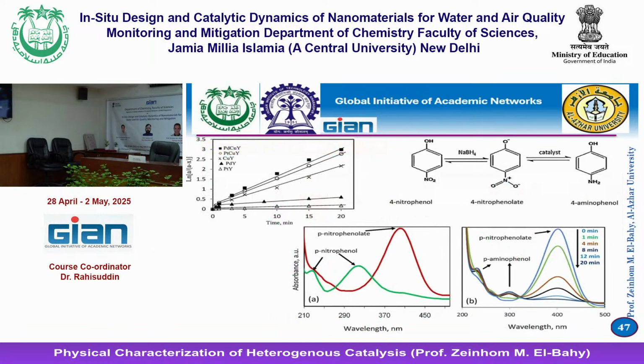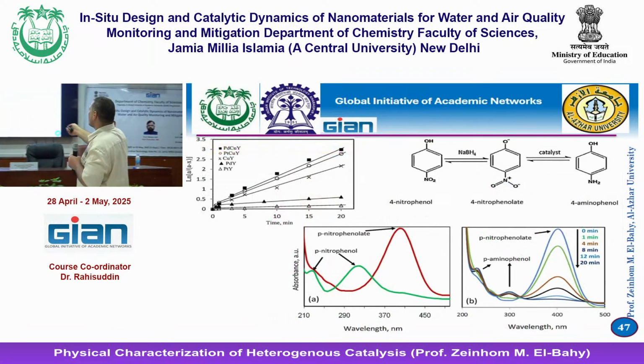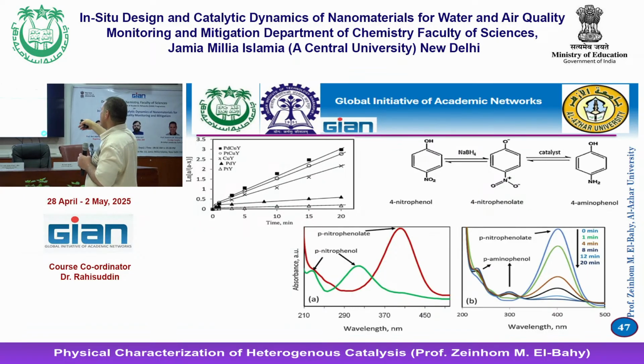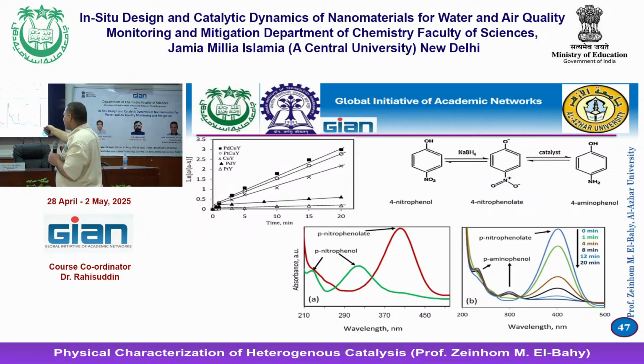This is one very famous experiment, where para-nitrophenol is converted to para-aminophenol. This is one published article, mine. Here on the left side you can see the difference between para-nitrophenol and para-aminophenol. The para-aminophenol peak is maybe 300 something, and the para-nitrophenol peak is maybe 390.